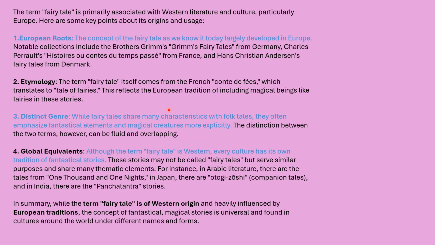Yes, there are overlapping characteristics with folk tales, but there's an emphasis on fantasy and magical creatures. And yes, each culture does have its own kind of fairy tale, definitely.